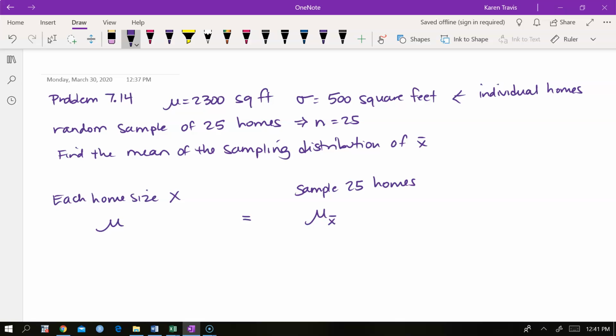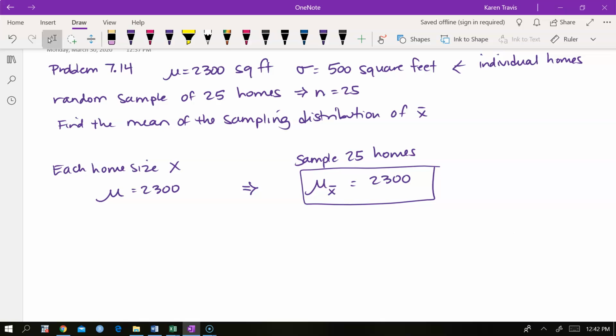So the mean of the X's was 2,300 square feet. Then that means we're going to have the same mean for the sampling distribution. So this phrase, find the mean of the sampling distribution of X bar, is this answer. It has the same mean as the original X's do.